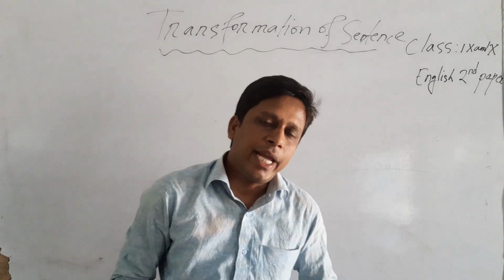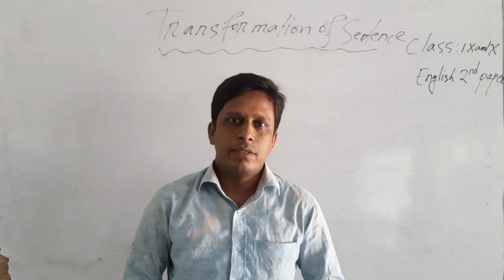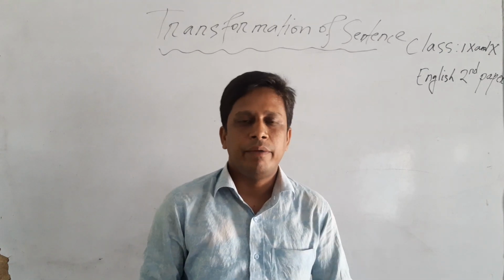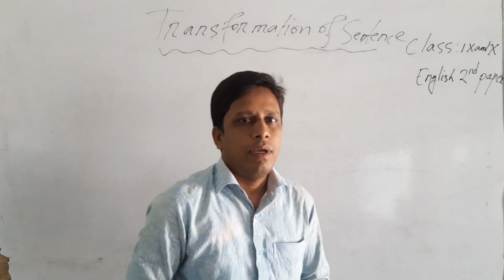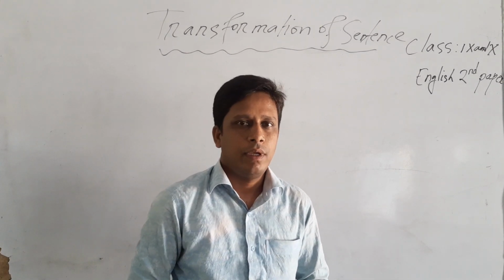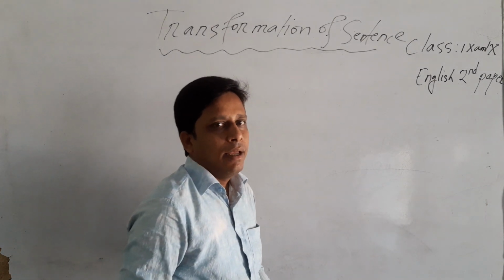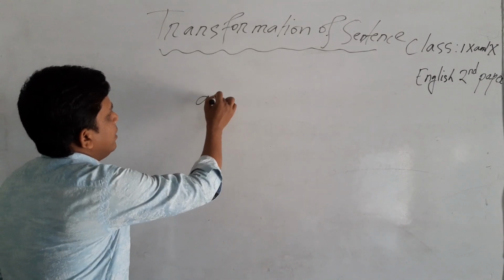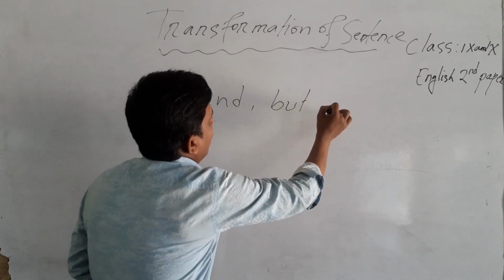Actually, how can you identify a simple, a complex, or a compound sentence without knowing the definition of the sentence? I would like to show at first, if you want to identify a compound sentence, you will find that compound sentences are always connected with some conjunction like and, but, or.